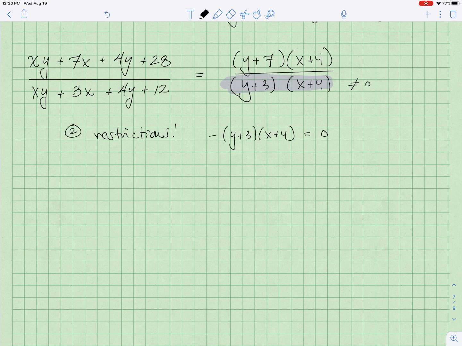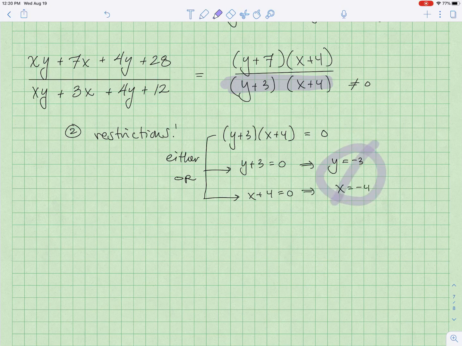That gives us 2 different equations. Either y plus 3 equals 0 or x plus 4 equals 0, in which case y equals negative 3, or x equals negative 4.